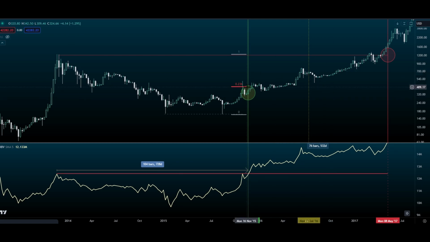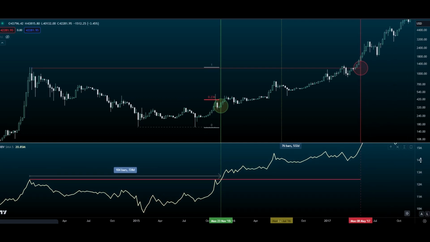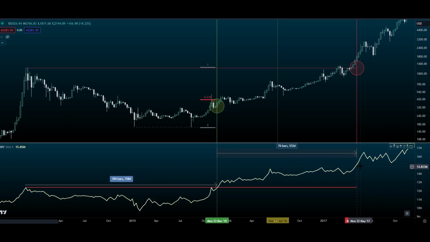Then we entered a reaccumulation phase into the halving, and it was quite some time after we had a nice grind up, but it was quite some time after that the price actually broke into an all-time high. Again, same story here.